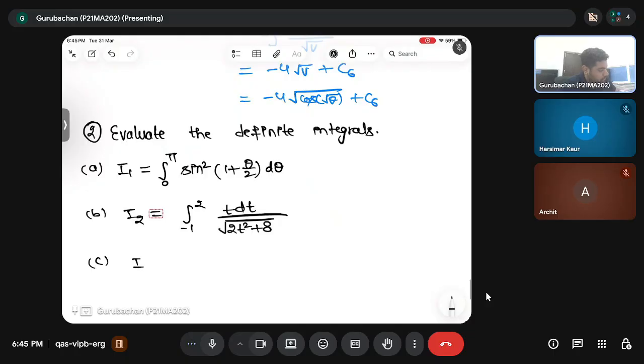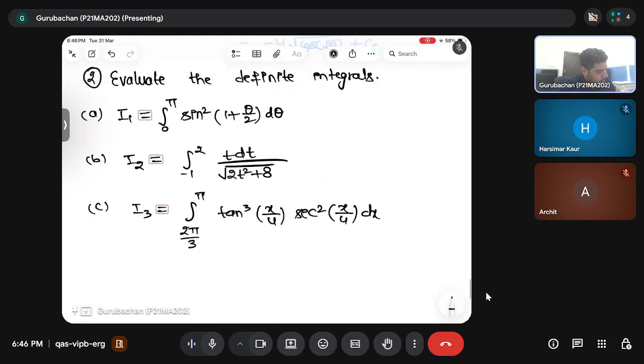The third one is integral from 2 pi by 3 to pi of tan cube (x by 4) into secant square (x by 4) dx. And the last one related to this definite integral is integral from minus under root 3 to under root 3 of 4x divided by under root of x square plus 1 dx.